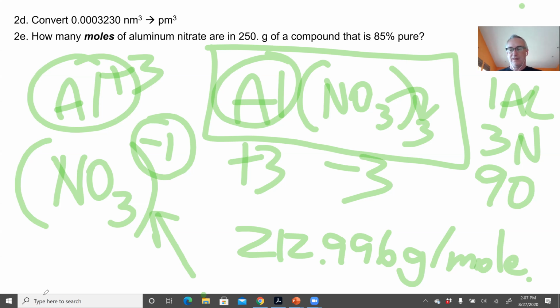Because previously, when I was in high school chemistry, the molecular mass and the molar mass were rounded to the nearest gram. No. Use the most accurate mass you can find. Okay.